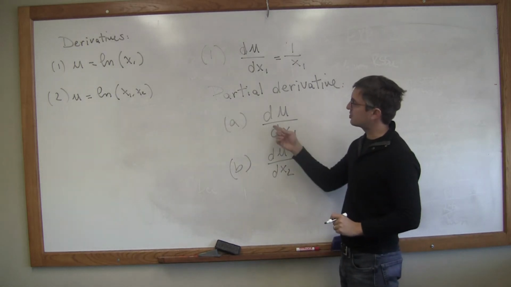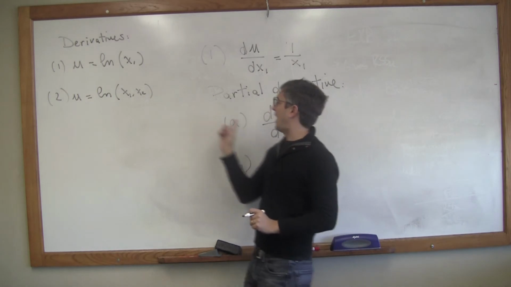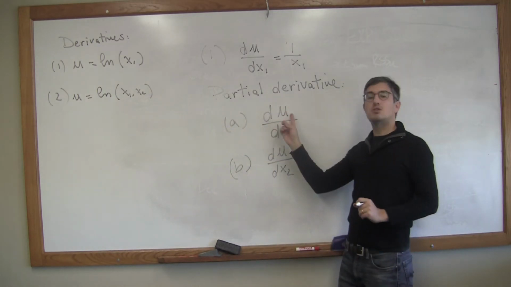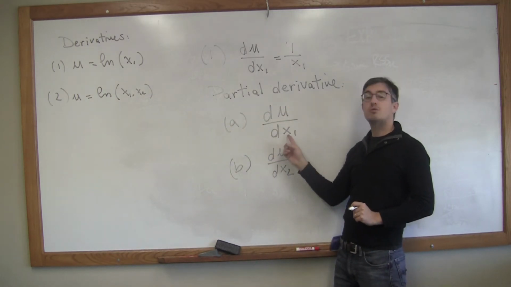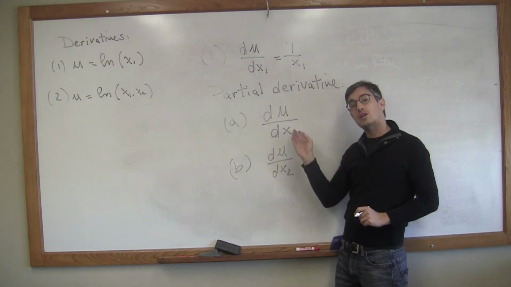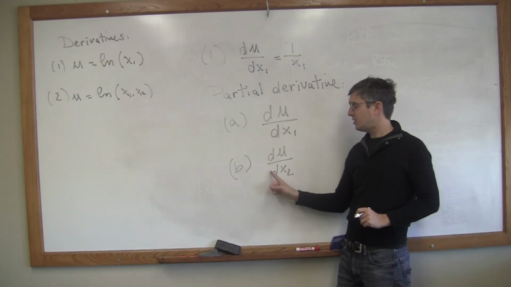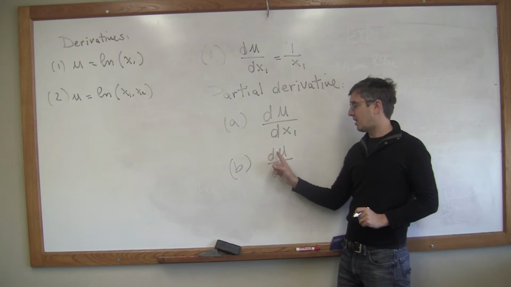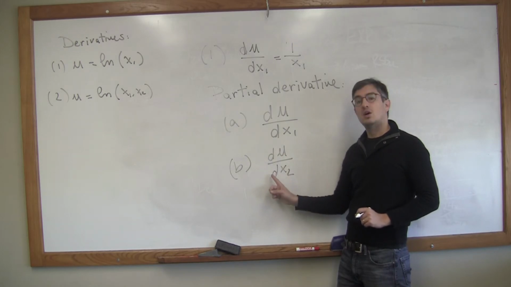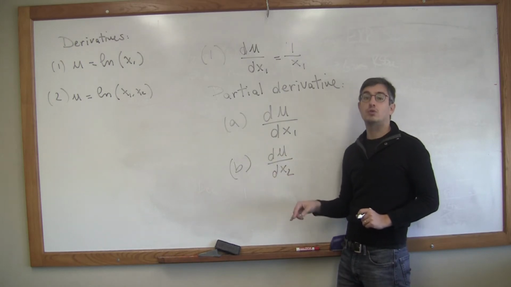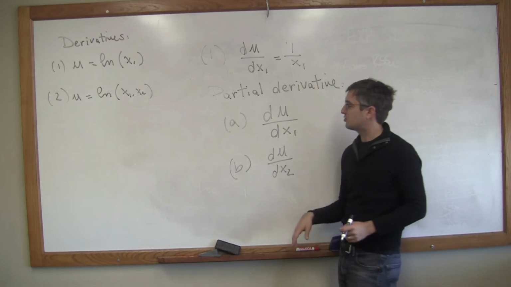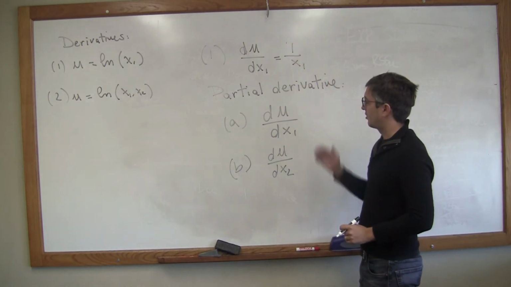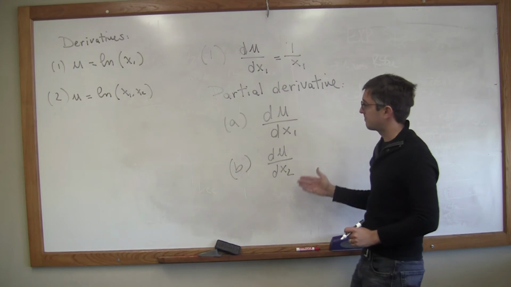What this means is that I'm going to look at how the utility function changes with respect to x1, holding x2 constant. And here, I'm looking at how the utility function changes when I change x2 and hold x1 constant. The two are called partial derivatives because of that.